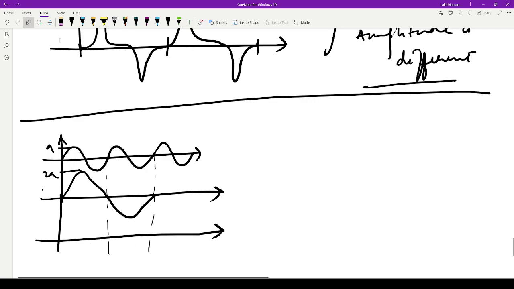So how would the addition look? See, at zero, it will be zero, right? At any given point in time, we are just adding the two amplitudes. Multiplying, yeah. Okay, sorry, adding.